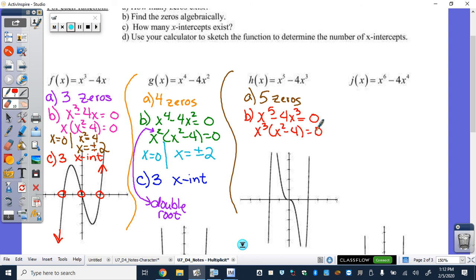And then that leaves us with x squared minus 4. So we get x equals 0, and then x equals plus minus 2. So how many x-intercepts do we have? 3.